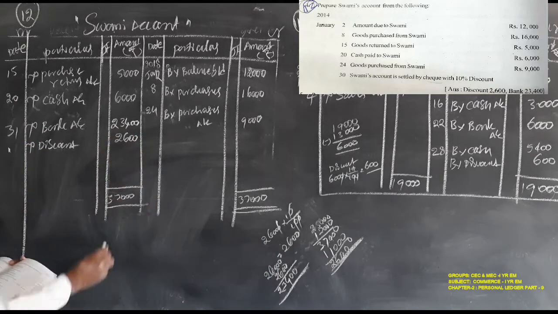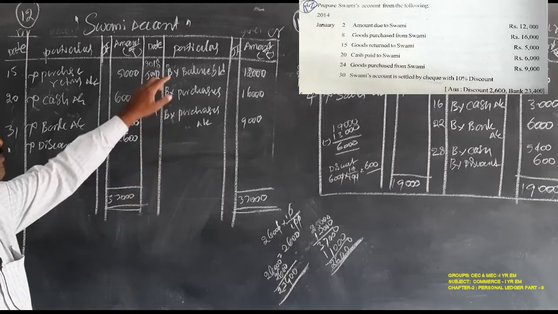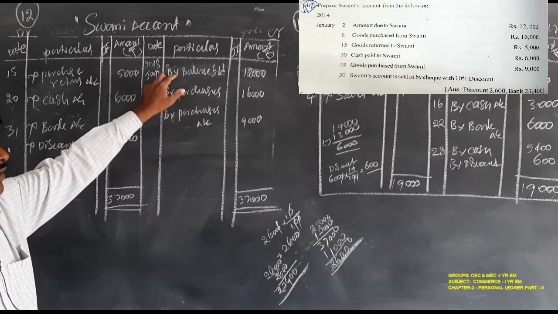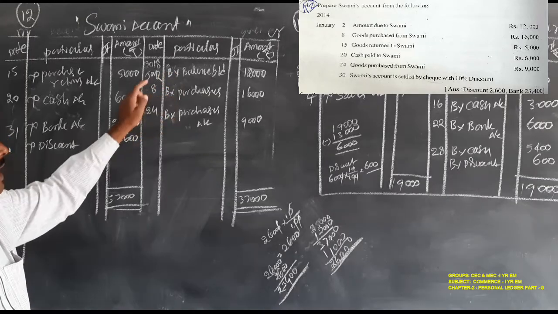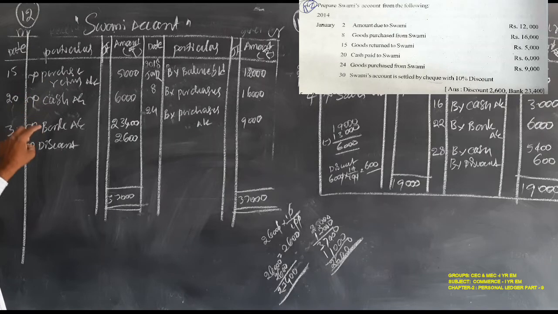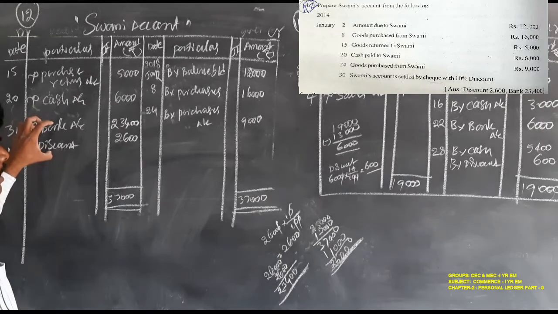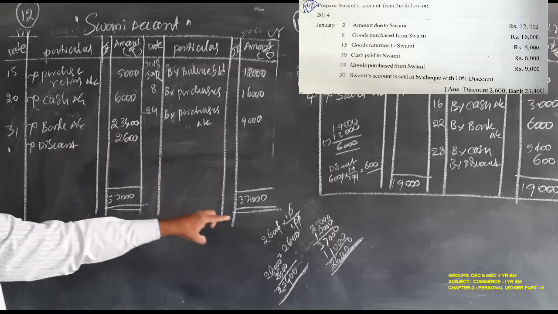This way you have to write. First of all, listen. Balance due to, write always on credit side. Purchases credit side. Purchase returns debit side, cash paid debit side, and final payment they are specifying in the problem through check. So this amount will be obtained in this way.